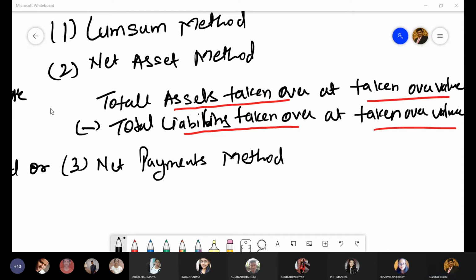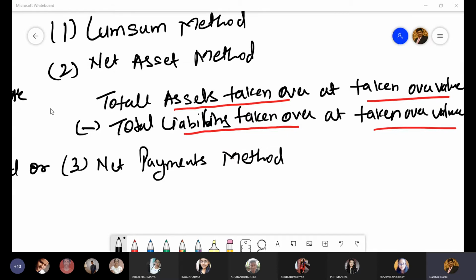Now, one question to you. In exchange of 5 equity shares in the vendor company, 3 equity shares of the purchasing company and 1 debenture is given to equity shareholders.